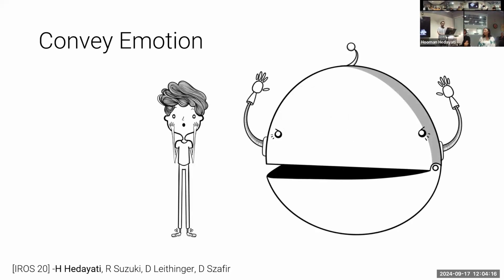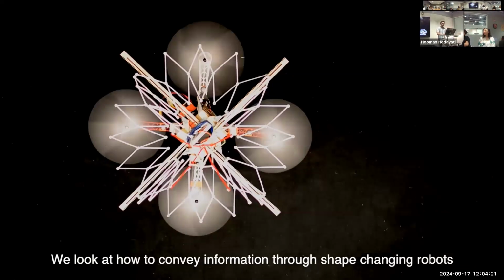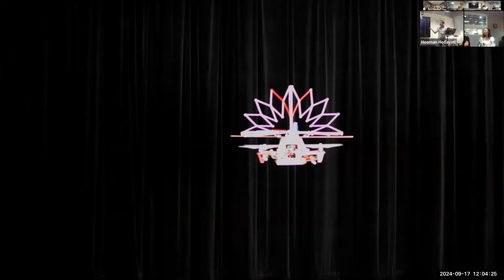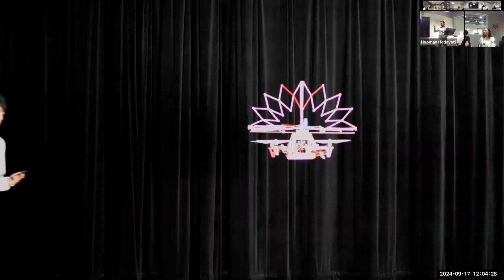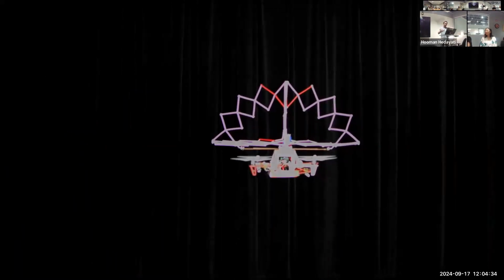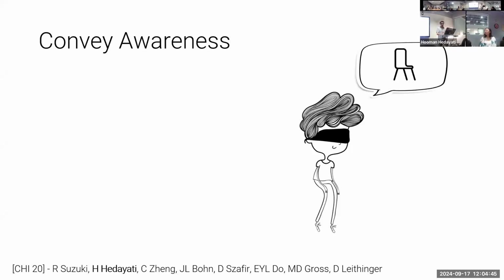The PufferBot project was an expandable structure on top of the robot, and whenever the user goes close to the robot, the robot expands to convey that the robot is dangerous.